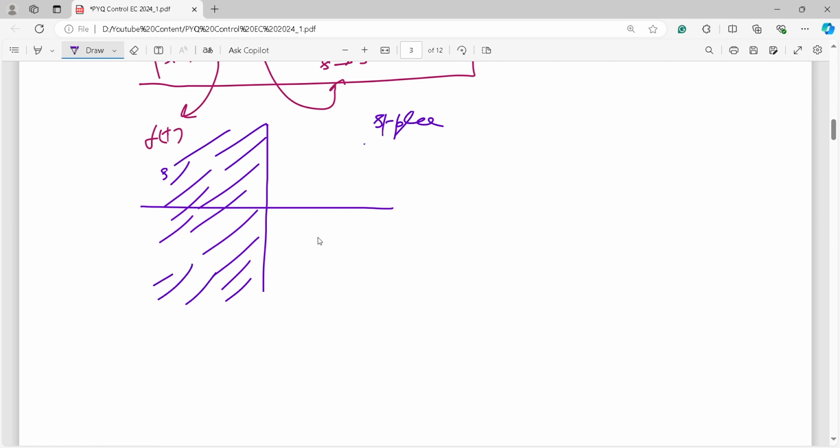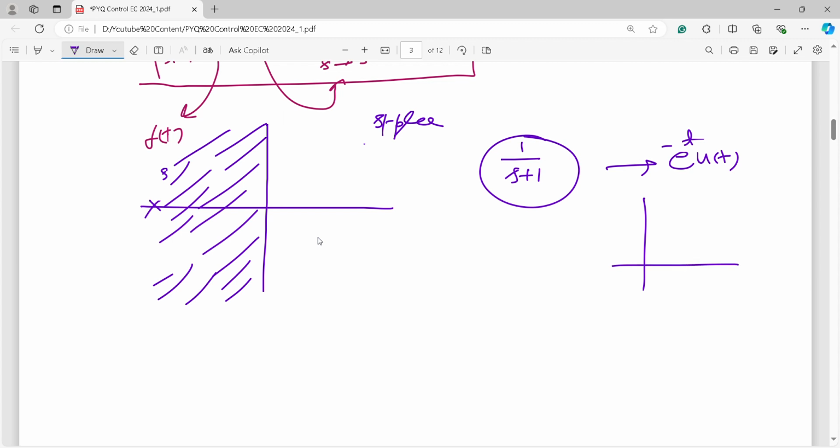Take, for example, the pole is 1/(s+1). In this case, in the time domain, it will be e^(-t) u(t). So e to the power minus t, so when t approaches infinity its value will be 0.